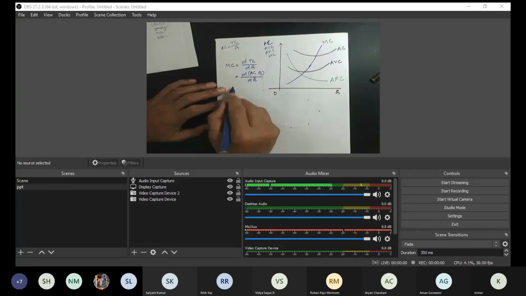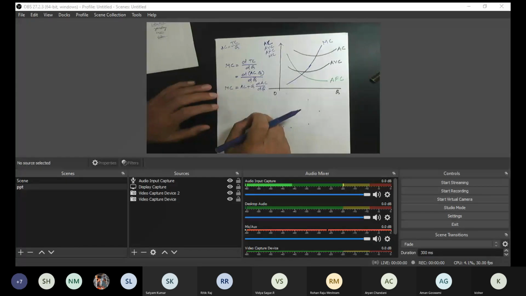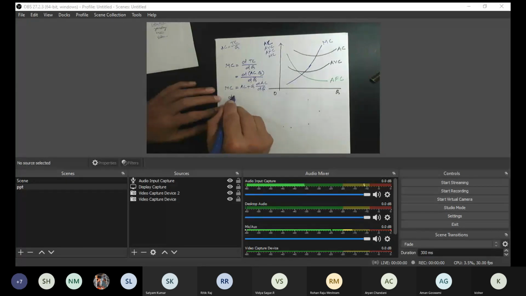And if you go for this one, it will be AC plus Q dAC by dQ. MC equal to. Okay. If I simplify it, dAC by dQ equals 1 by Q times (MC minus AC).